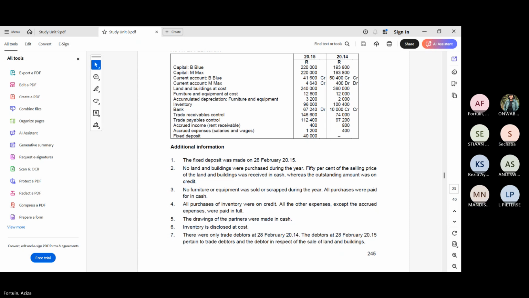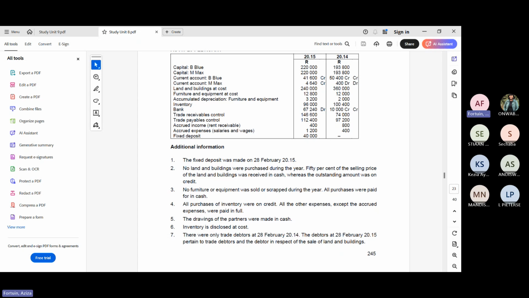Oh, wasn't it the opening balance 800 and the closing balance 400? Just hold on. Where did we go wrong? Let's just see. This is my liability.